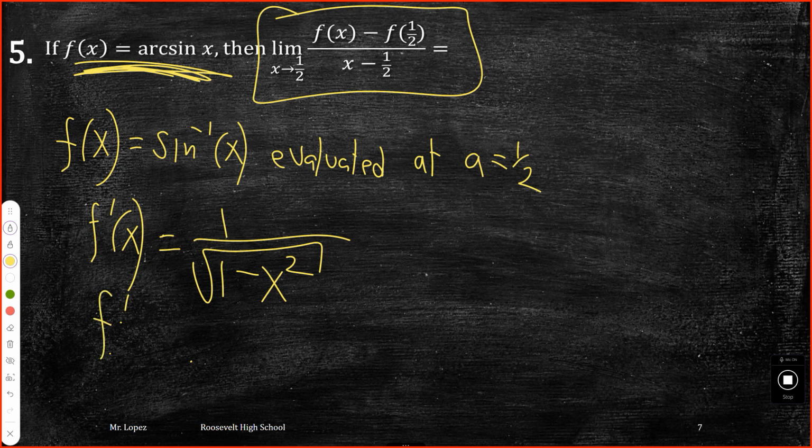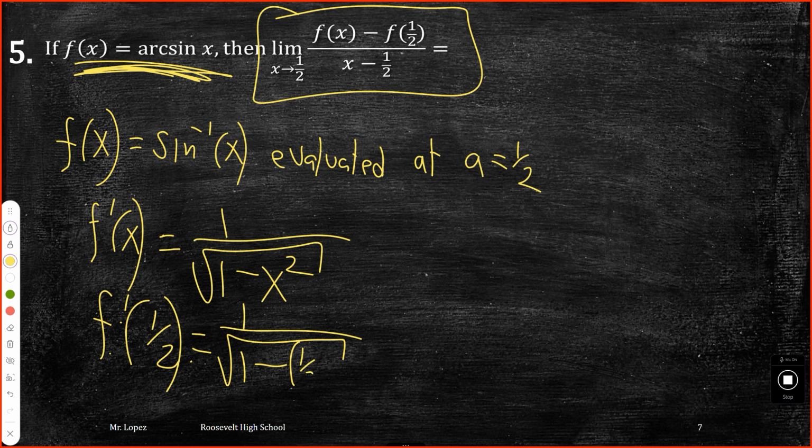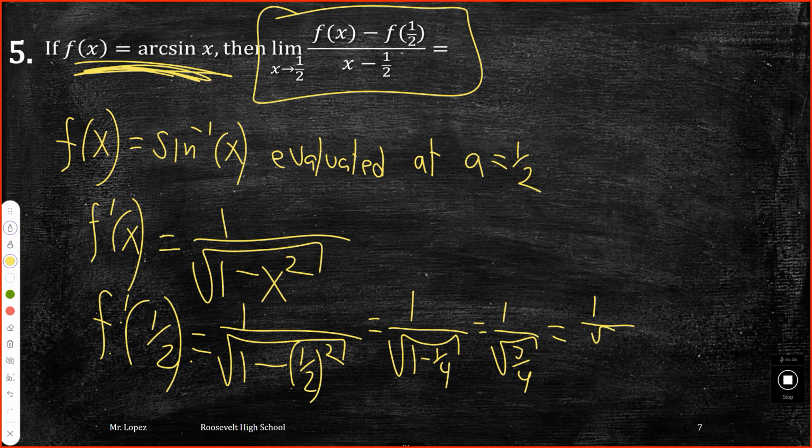And f prime at 1/2 will be 1 over square root of 1 minus 1/2 squared, which is going to give you 1 over square root of 1 minus 1/4, which is 1 over square root of 3/4. The square root of 4 is 2, so 1 over square root of 3 over 2, so it'll be 2 over root 3.